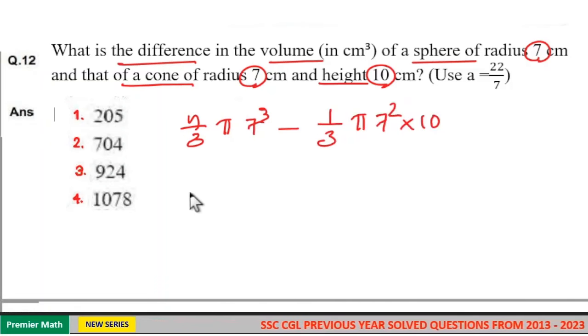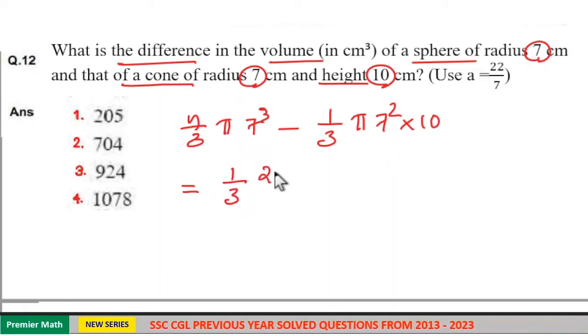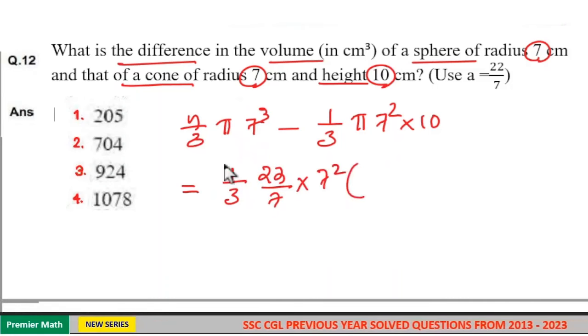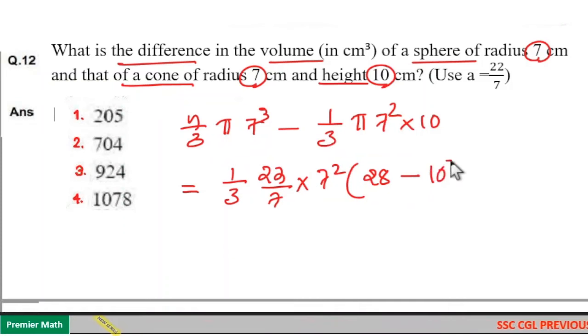Now here I'll take 1 by 3 pi into 7 square as common. 1 by 3 pi is equal to 22 by 7 into 7 square as common. Then remaining term in first term is equal to 7 into 4, 28. Remaining in second term is equal to 10. So 28 minus 10 is equal to 18.